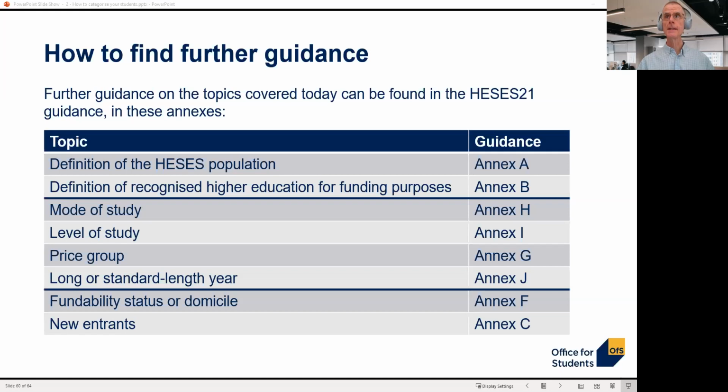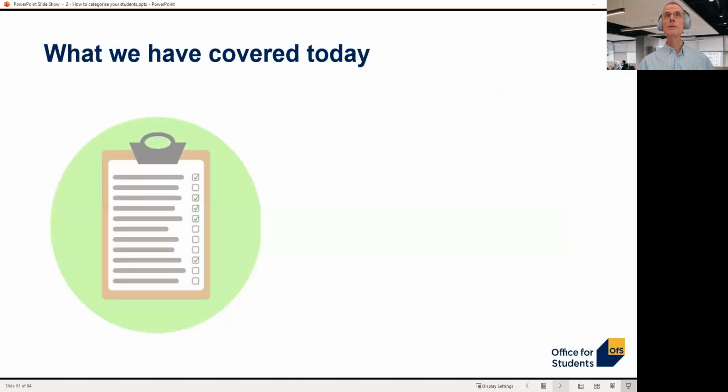And this then leads us on to just recap what we've looked at today. We had a little look initially at the HESES workbook, and we've seen a snapshot of that as we've carried on throughout, and we'll be looking at that in much more detail in the next webinar.